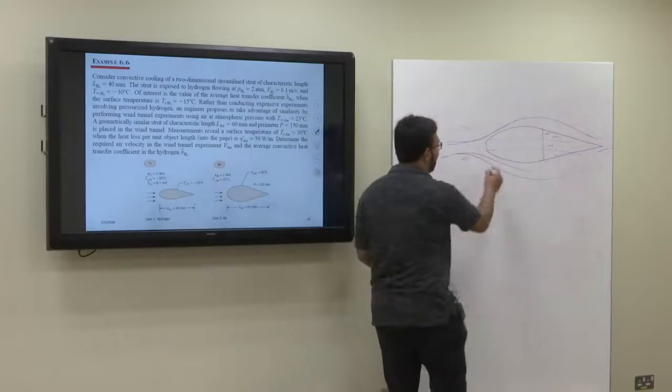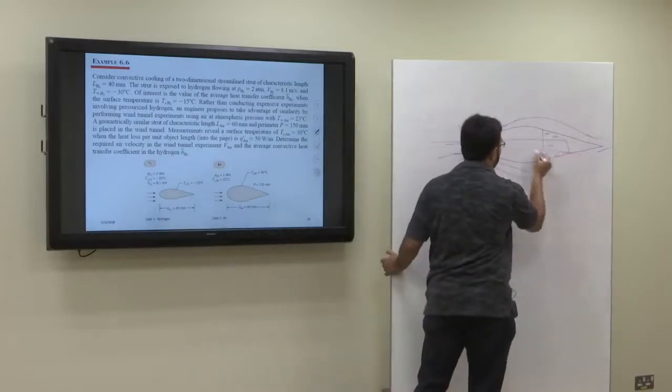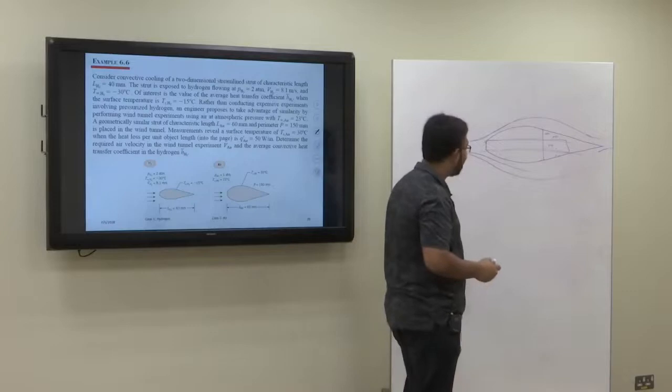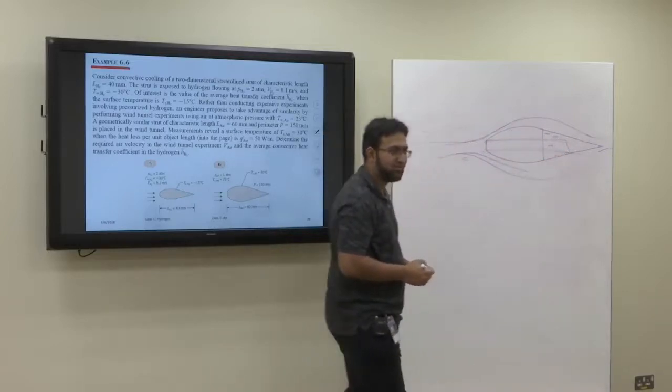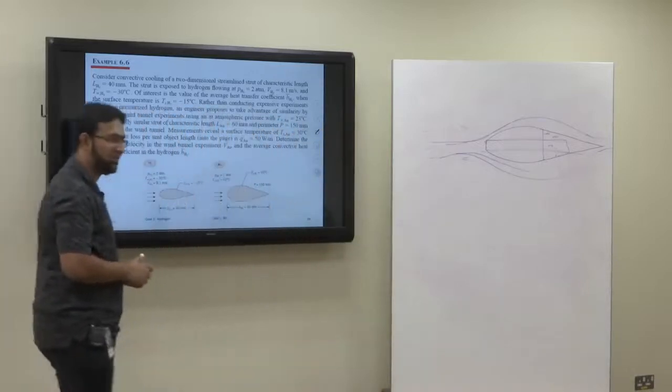So our flat plate, which was initially flat, when it's streamlined, its shape becomes this. So now it is a streamlined thing.